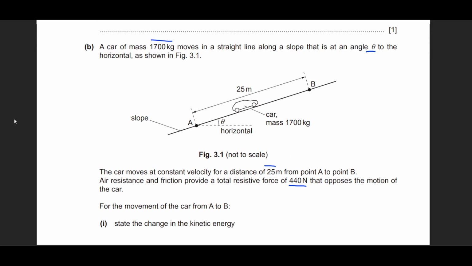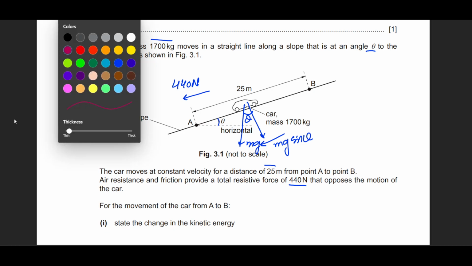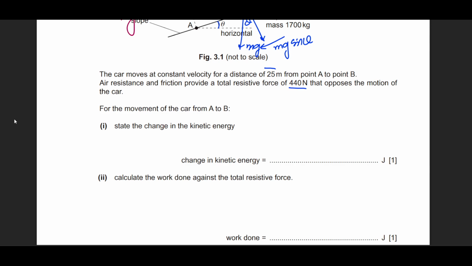So not only is there a resistive force of 440 newtons, there is also the weight of the car, that is mg, and the component of weight that is responsible for pulling it downwards, or at least trying to push it backwards, is mg sine theta, because by geometry we know that if this is theta, then this will also be theta. Okay, so another backward component acting against the slope is mg sine theta, right? Okay, this is just a preemptive idea before we move on to the question.